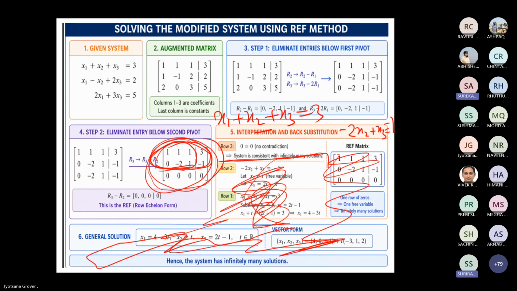Ma'am, one more question. If you have a bigger matrix, sometimes you can find, let's say, x5 equal to some value, but that does not mean we can apply it in the earlier rows and find the other coefficients. You could still end up with infinite solutions because of the bigger matrix.